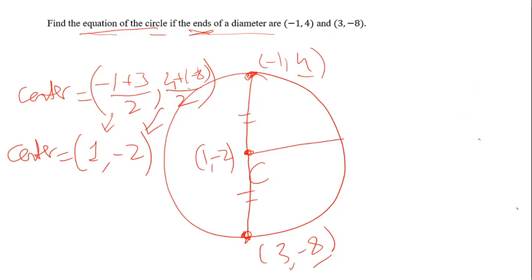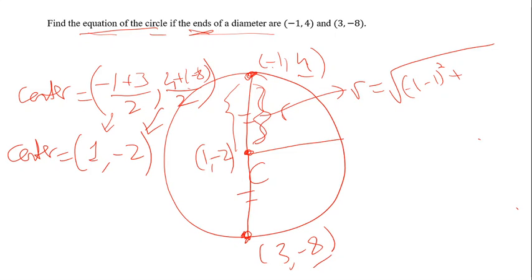Now I want to get the radius. How can I get the radius here? The distance formula between these 2 points is r. So the distance formula says 4 minus minus 1, I mean 3 minus 1 squared, and then 4 minus minus 2 squared.